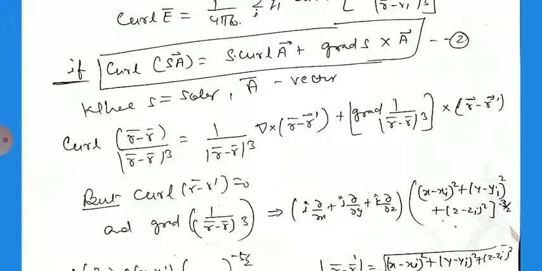And the gradient of 1 by |r minus r'| cubed: if we want to write the gradient, it is i cap del by del x plus j cap del by del y plus k cap del by del z, and this r cube we can write as (x minus x_i) squared plus (y minus y_i) squared plus (z minus z_i) squared, to the power minus 3 by 2.